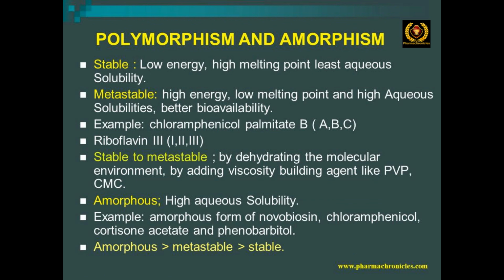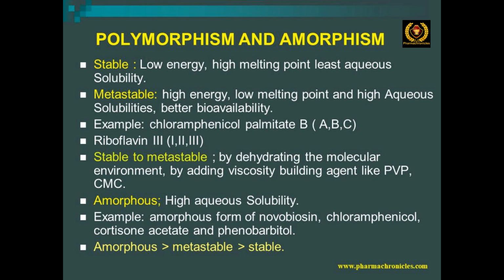Polymorphism and amorphism. Stable forms have low energy, high melting point, and least aqueous solubility. Metastable forms have high energy, low melting point, and high aqueous solubility, giving better bioavailability. Example: chloramphenicol palmitate, forms A, B, and C. Riboflavin, forms I, II, and III.